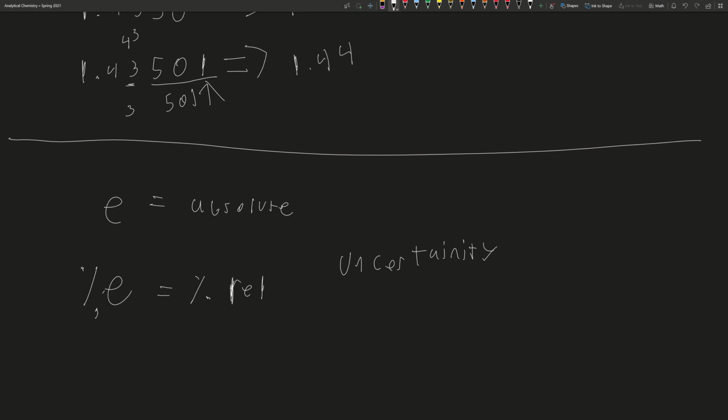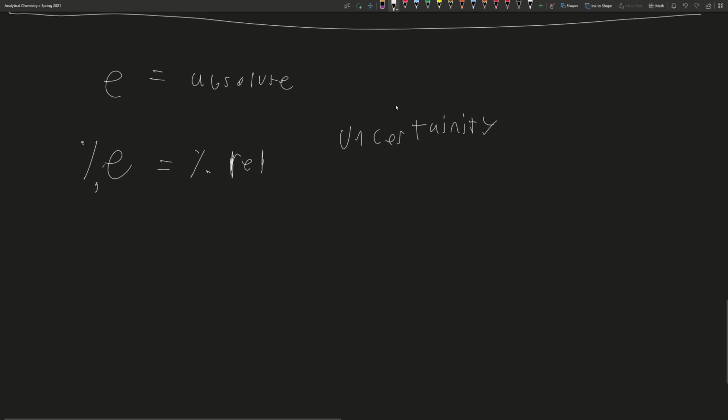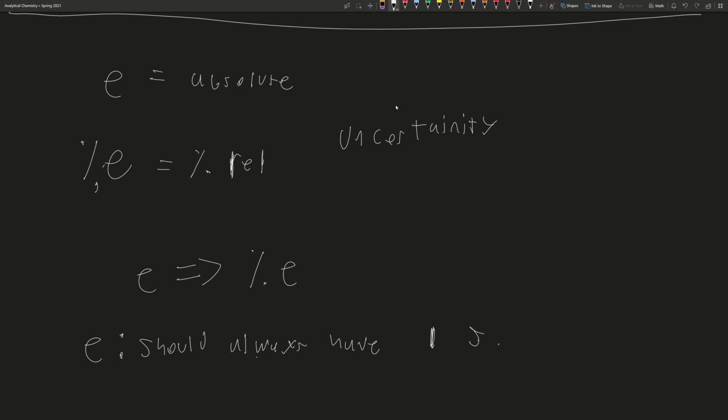So when we are going from E to percent E, note that E typically should always have one significant figure.